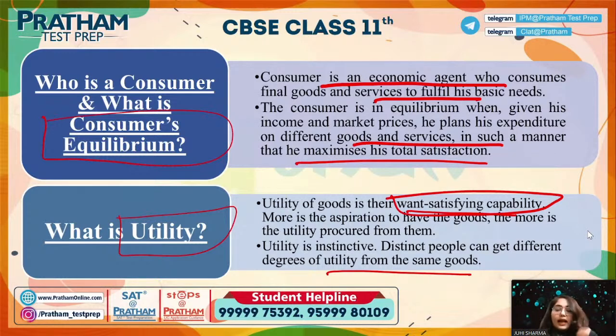Now when I say that a consumer is in equilibrium, the consumer plans his expenditure in a manner wherein he keeps his income in consideration, he keeps the market prices in consideration, and he also gets maximum satisfaction from the goods and services he is spending on. In that particular scenario we say that the consumer is in equilibrium.